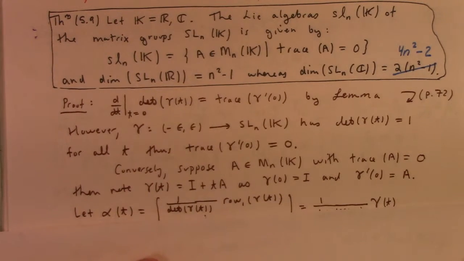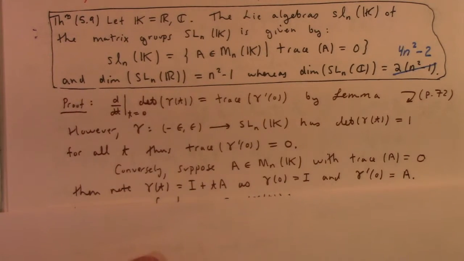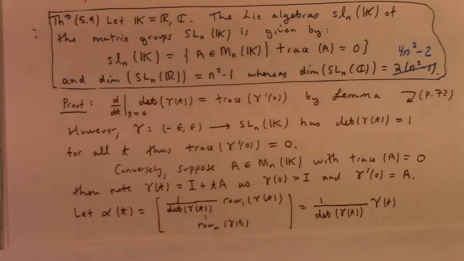So the trick is we use our usual thing, gamma of t is I plus tA. Of course, that goes through the identity, and it has gamma prime of 0 being A. That's no guarantee that it's going to be in SLN just yet. So what you do is you do this little trick here.